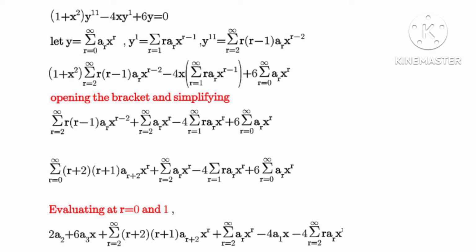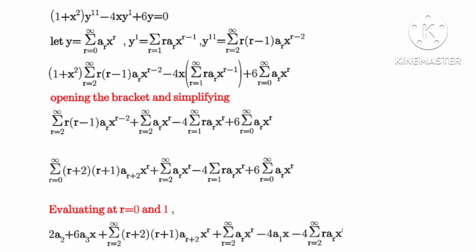So it means that r equals 0 is going to cancel out. So we have our new expression to be the sum from r equals 0 of r plus 2 times r plus 1 a_(r+2) x raised to power r. So that's that other part.